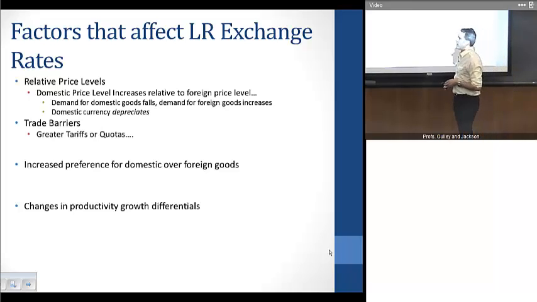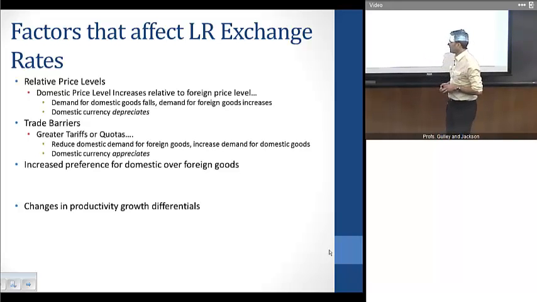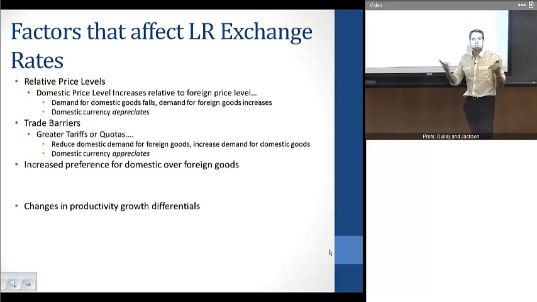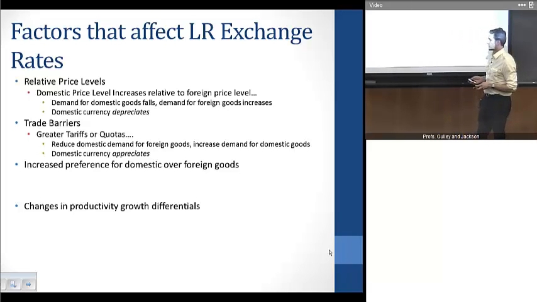If we put up trade barriers, for instance, if we have increased tariffs or increased quotas, the impact is going to be to increase the demand for domestic goods, sort of artificially through these trade barriers, and to increase demand for domestic assets overall, and the domestic currency is going to appreciate.